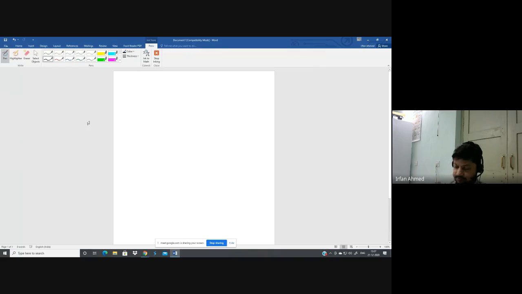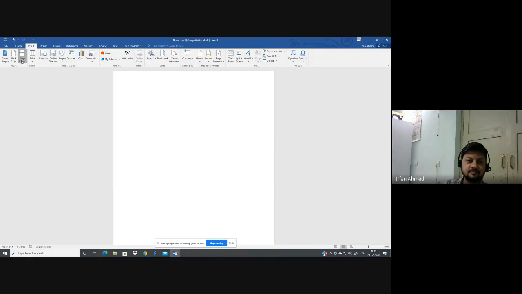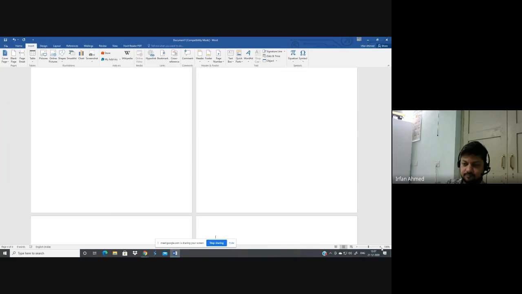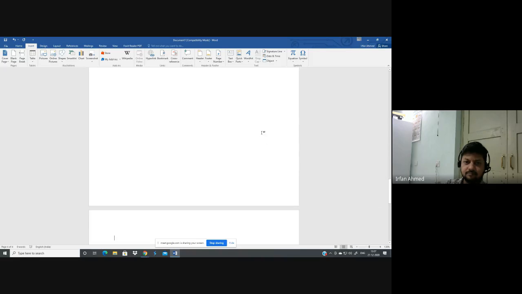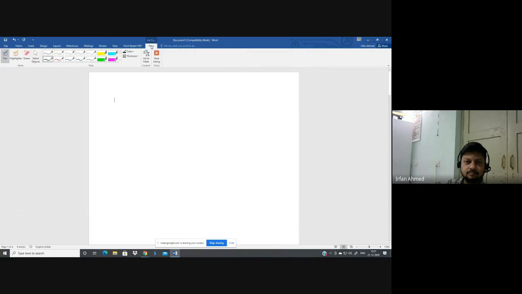Correct? What are the equations? So as we already know, the back EMF of a DC motor is proportional to flux into speed.